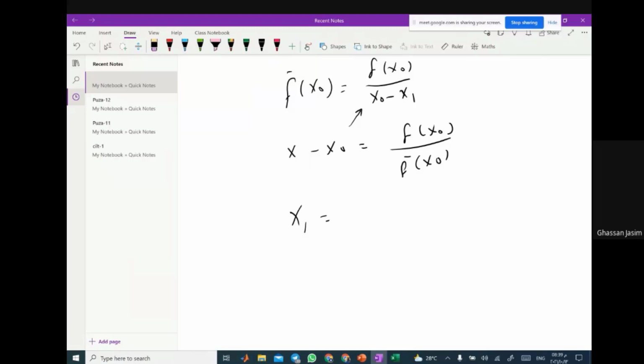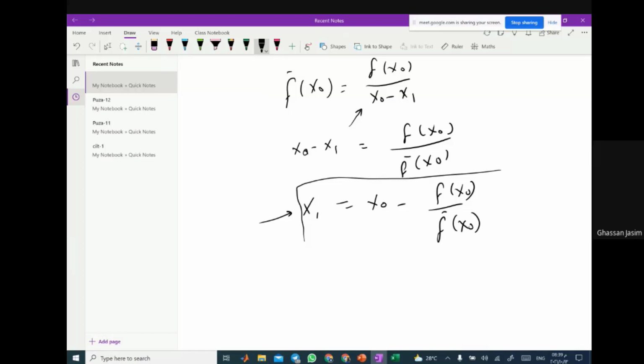Then let's change this: x naught minus x1. If I rearrange it, I need this x1. It will be x1 equals x naught minus f of x naught over f dash of x naught.